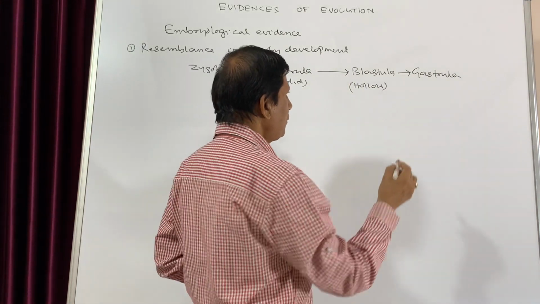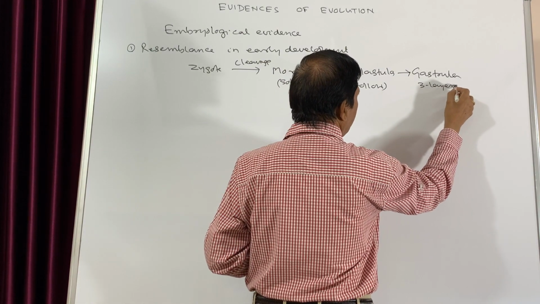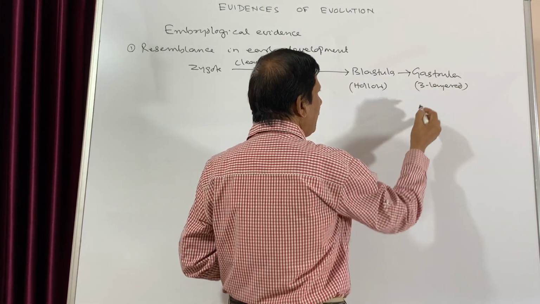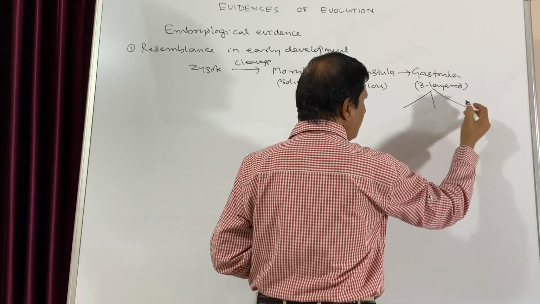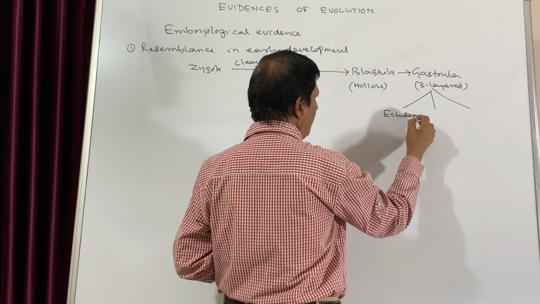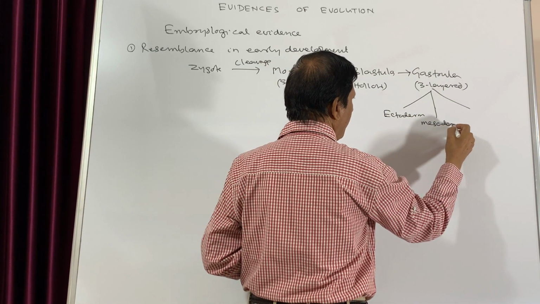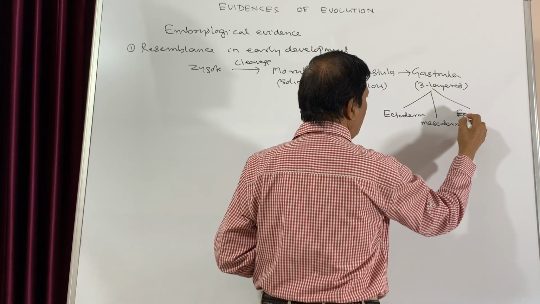Now this gastrula is three-layered: one is ectoderm, the second is mesoderm, and the third is endoderm.